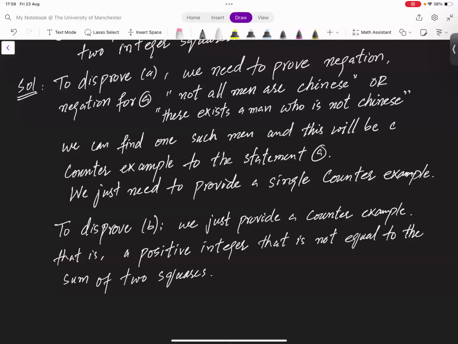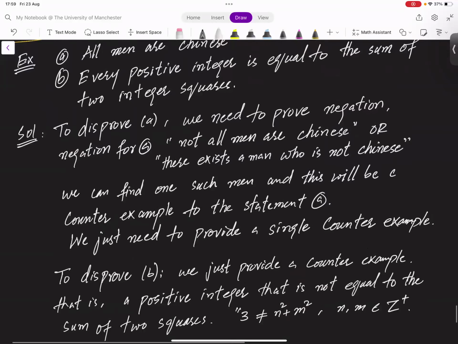So you can say the number 3 fits the bill nicely. 3 is a number which is not equal to n square plus m square, where n, m belong to the integers.